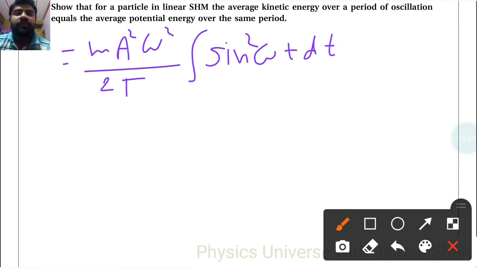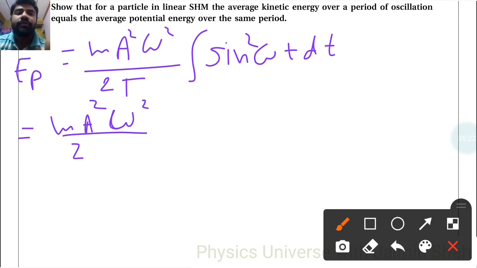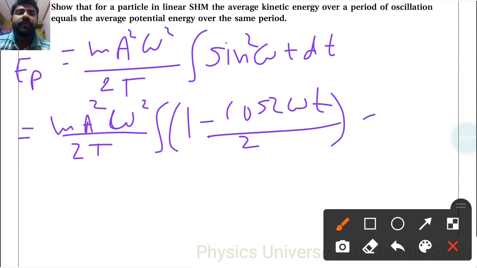So now it is about potential energy. It is equal to m a square omega square upon 2T integration of 1 minus cos 2 omega t by 2, dt. Now 2 common, so m a square omega square upon 4T.